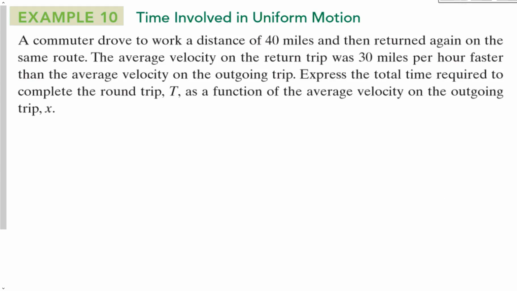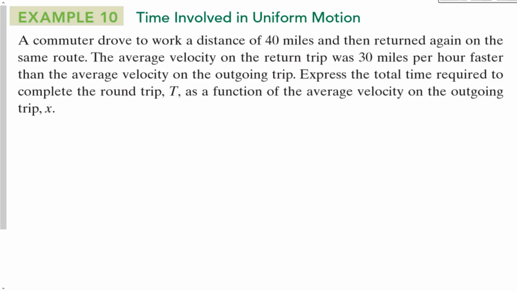Okay. A commuter truck drove to work a distance of 40 miles and then returned again on the same route. The average velocity on the return trip was 30 miles an hour faster than the average velocity on the outgoing trip. Express the total time required to complete the round trip t as a function of the average velocity on the outgoing trip.